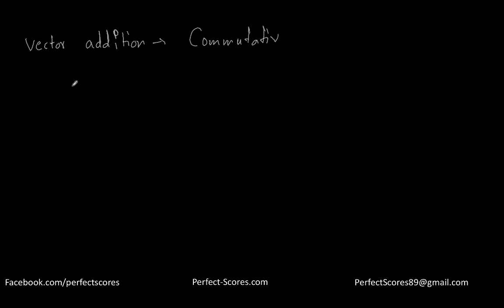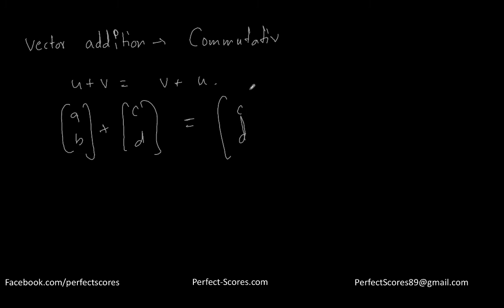That means that vector u plus vector v is going to be vector v plus vector u. So if I have to add a and b and c and d, that would be equivalent to adding c and d and then adding a and b. Fine. So I hope that's fine as well, guys. Right? So that's okay. Let's move forward to the next part.